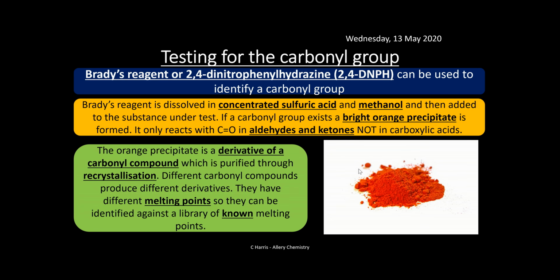And the orange precipitate is unique to the aldehyde or ketone that we've used. And so for this reason, what we can do is extract this recrystallized and purified solid and run it under a melting point apparatus. And the melting point of that solid will be unique to the aldehyde or ketone that we've tested it with. So it's a really good way of trying to identify our compounds.